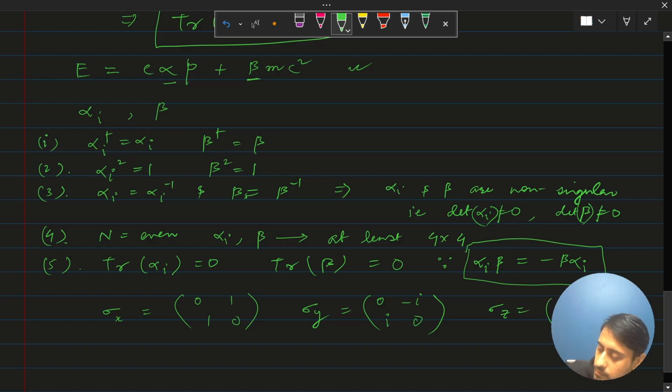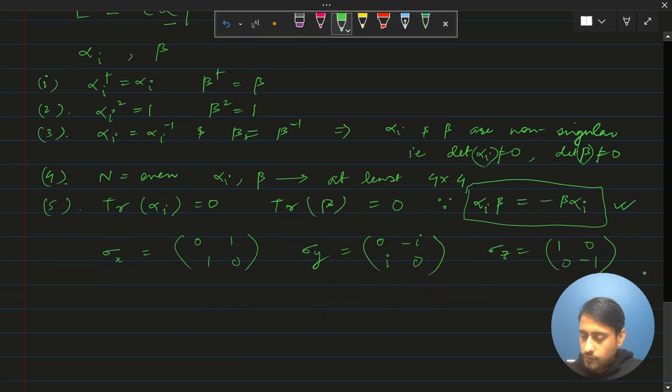These are the matrices in 2 dimensions which satisfy this kind of result. So maybe we can use these matrices to construct a matrix in 4 dimensions, and it really works.